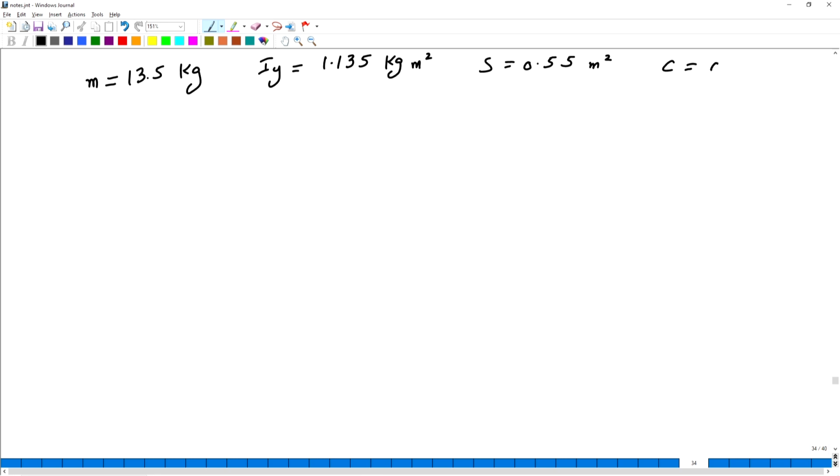Chord length is 0.19 meters. I am considering sea level density, that is 1.225 kilogram per meter cube. Maximum thrust I am assuming 2 kgs, and delta T will keep it as constant, that is 0.5, that is 50% of throttle is always applied.